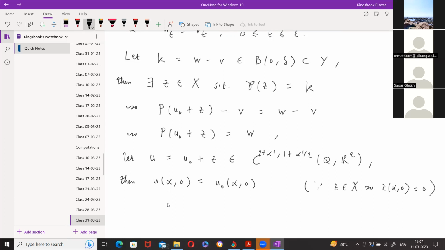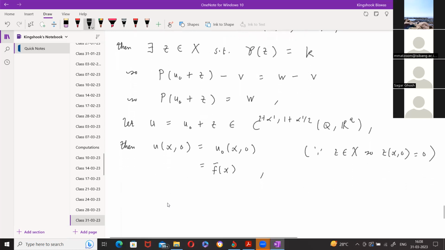So this is equal to my F bar of X. So my U satisfies the initial value and it also satisfies the PDE for time epsilon because W of X comma T is 0 for T between 0 to epsilon, right?